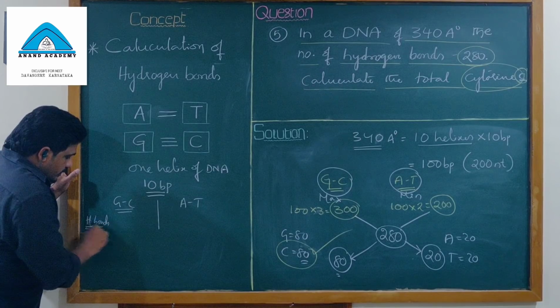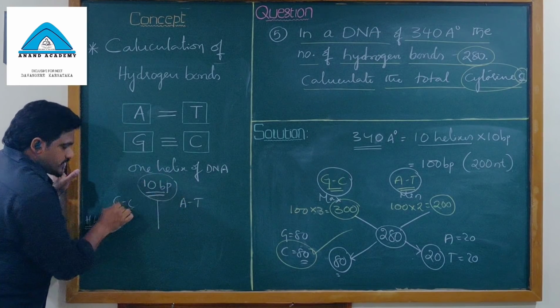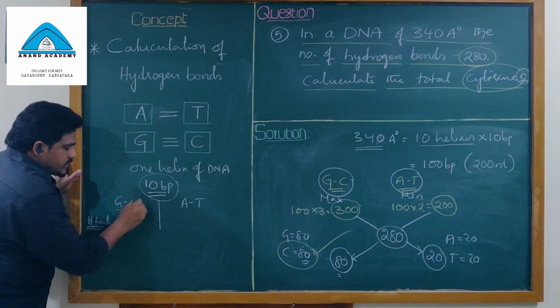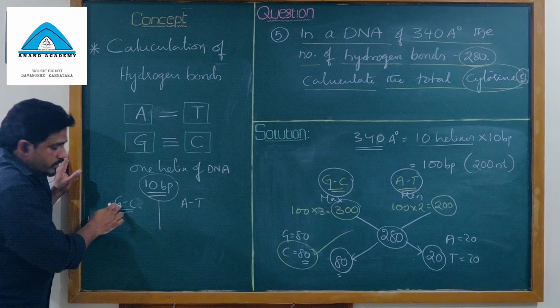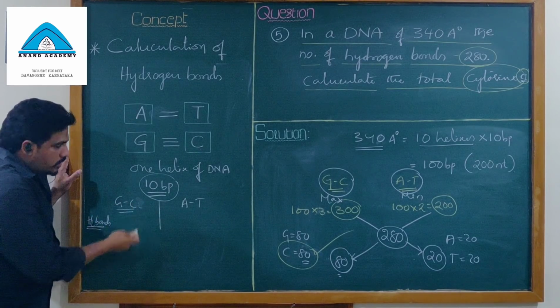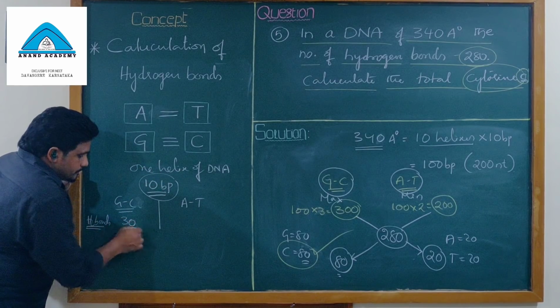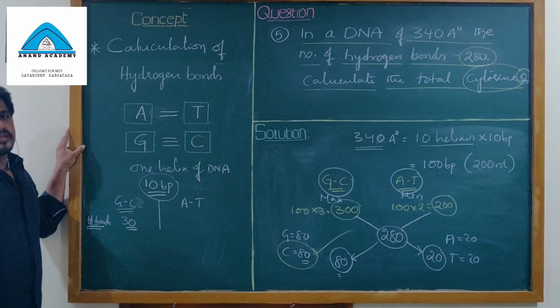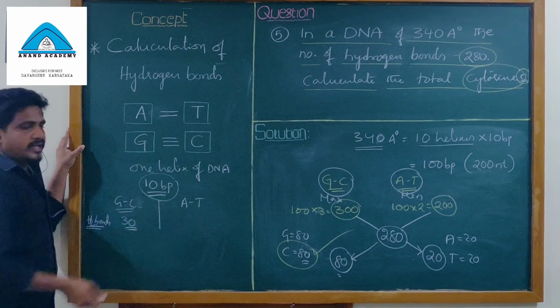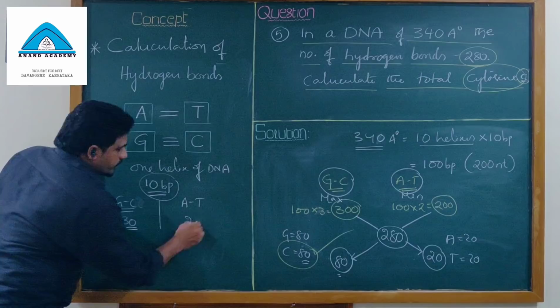Between one GC there are 3 hydrogen bonds. If all 10 base pairs are GC, they are 30. The maximum possible hydrogen bonds in one helix is 30 and the minimum is 20.